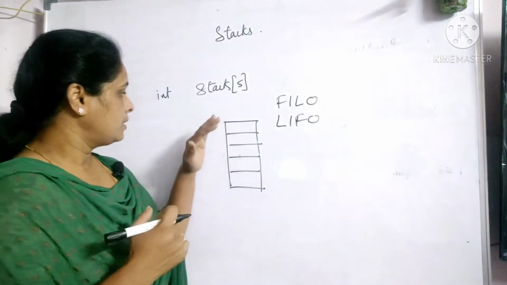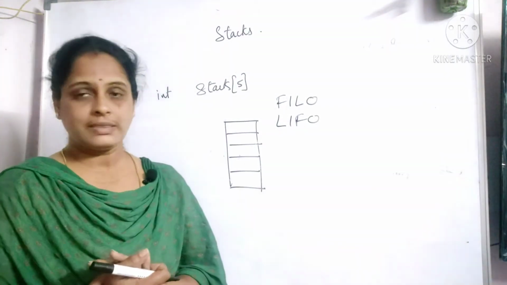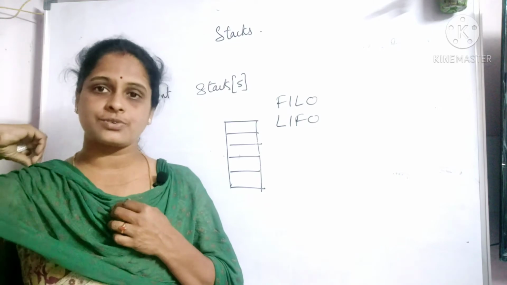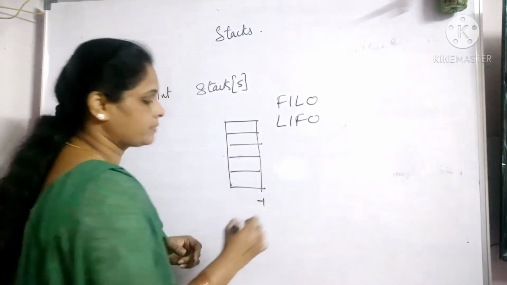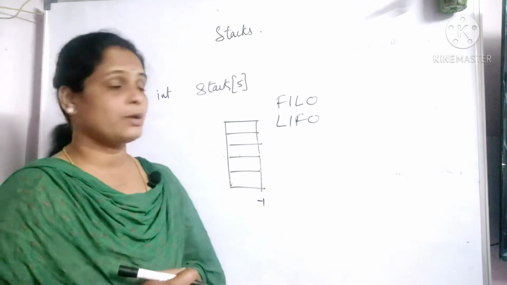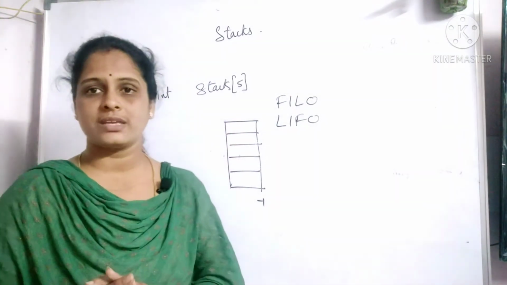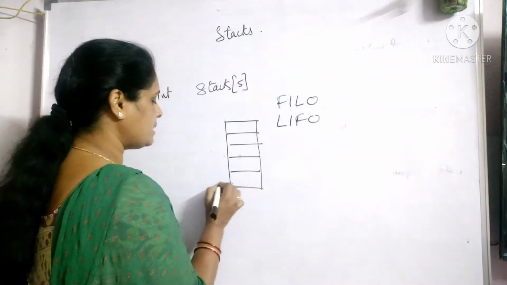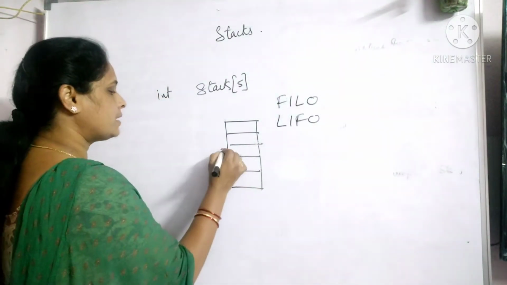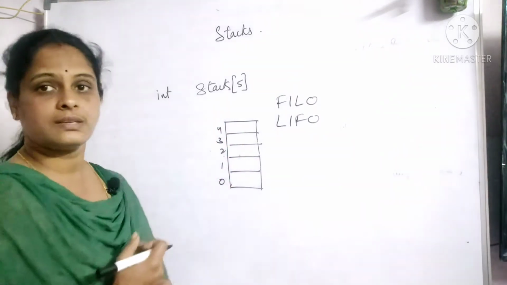Now, when the stack is empty, when it is just created, the top will be at -1, because I'm talking about a stack using an array. Initially the first element of the stack will be at the 0th position, then 1, 2, 3, 4, as we have seen in arrays.